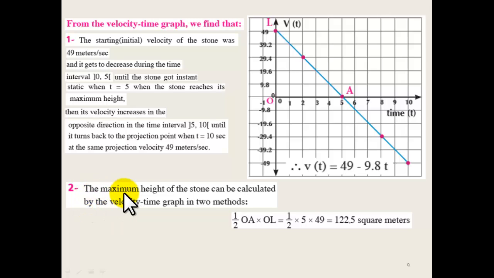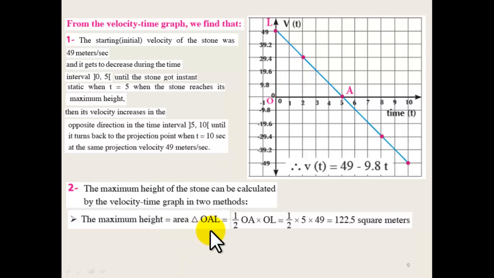Number 2, the maximum height of the stone can be calculated from the velocity-time graph in 2 methods. Here, the maximum height equals the area of triangle OAL, the area under the line segment LA, which represents the velocity.